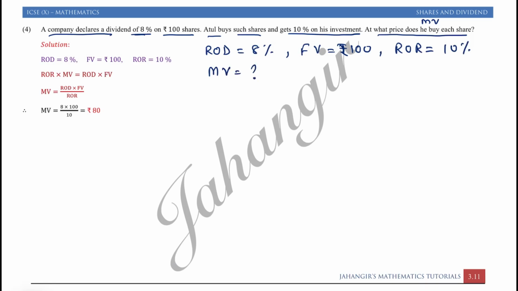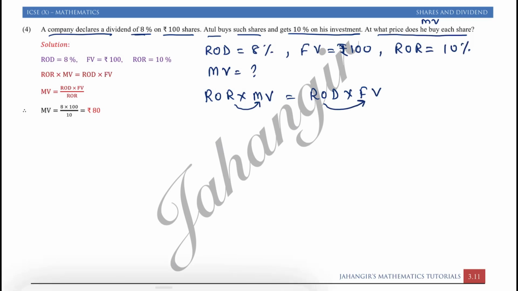So we can use that simple formula, ROR into MB is equal to ROD into FV. We found out that ROR is the percentage on our actual investment, and ROD is the income percentage on its face value.